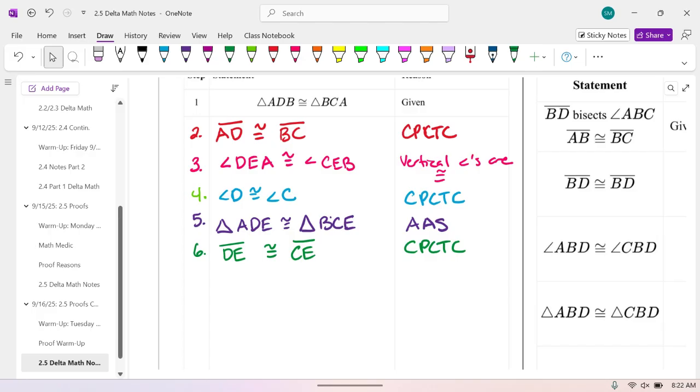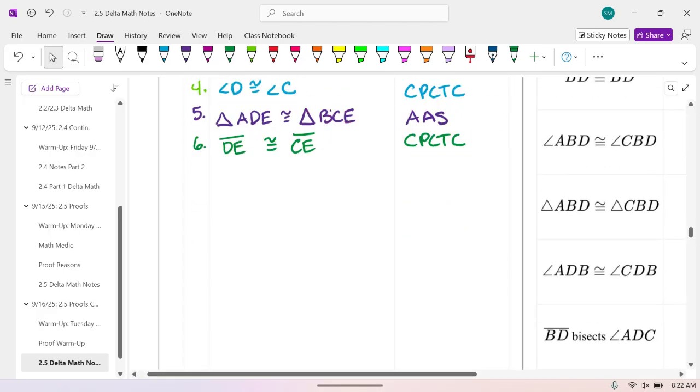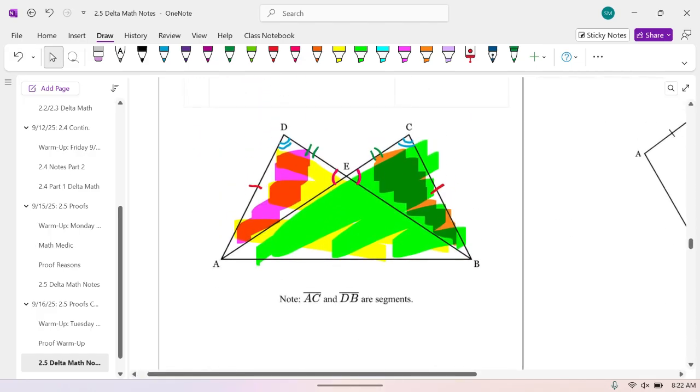So guys, like I said, with breaking these down, you may be wondering, why did I pick AD and BC to use my first CPCTC? Well, it wouldn't make sense to pick AB because it's not part of the two congruent triangles I need. We couldn't pick AE or EB because they're not part of the congruent triangles.